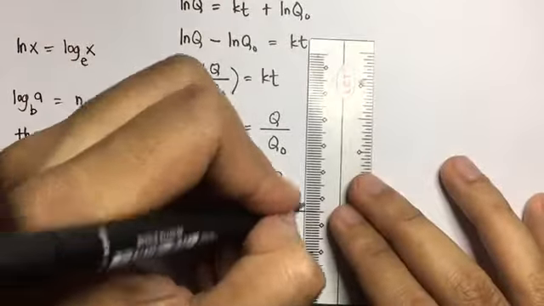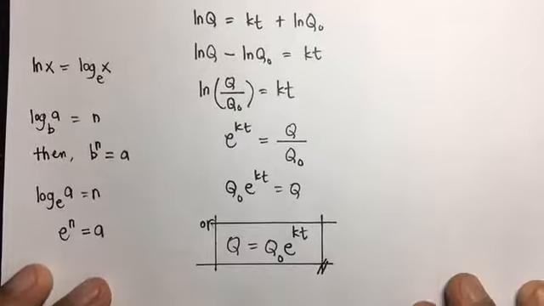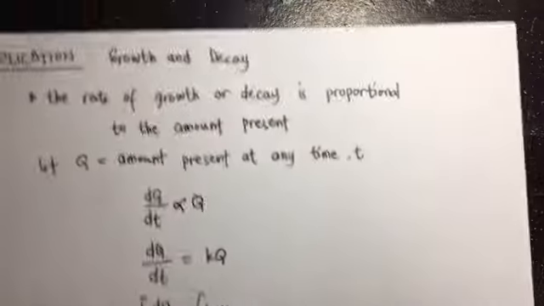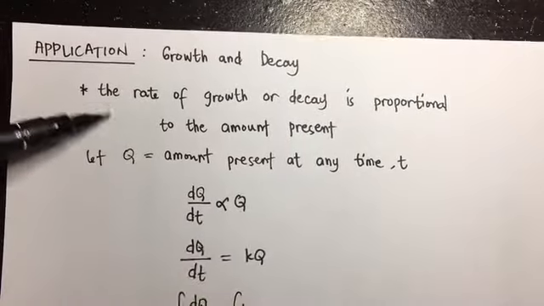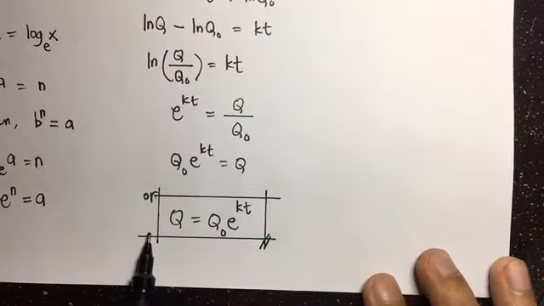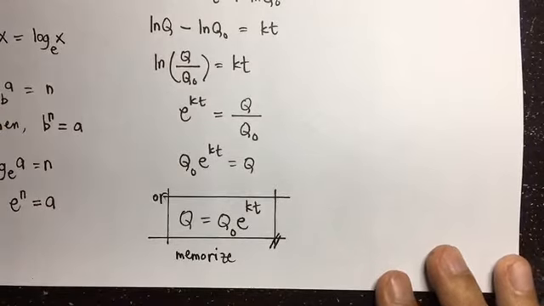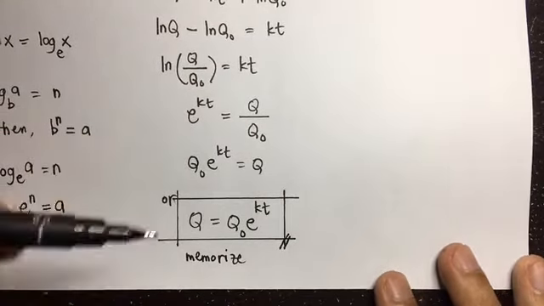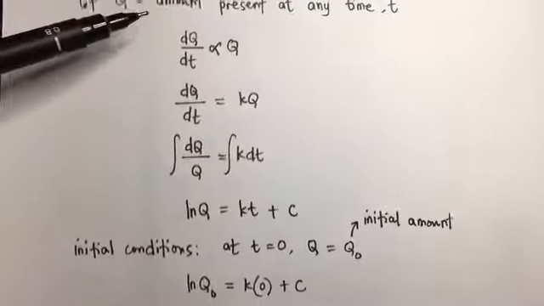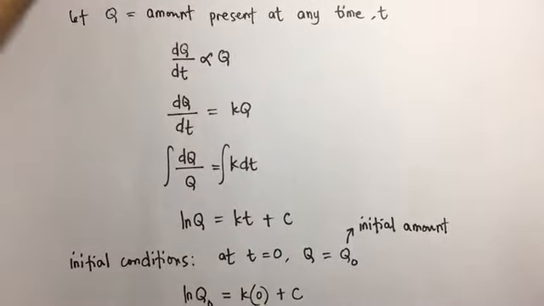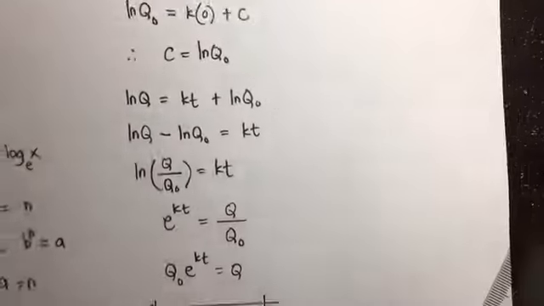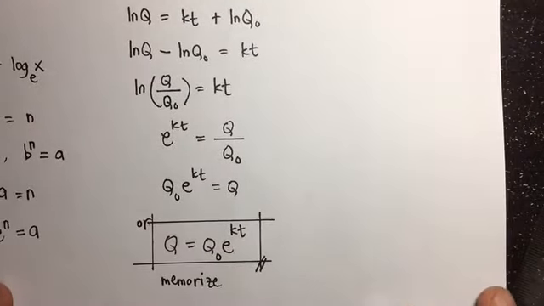In solving problems involving growth and decay, if it follows this rule, then all we need to do is memorize this formula. So in problem solving, you don't need to derive the formulas anymore using solutions to first order differential equations.